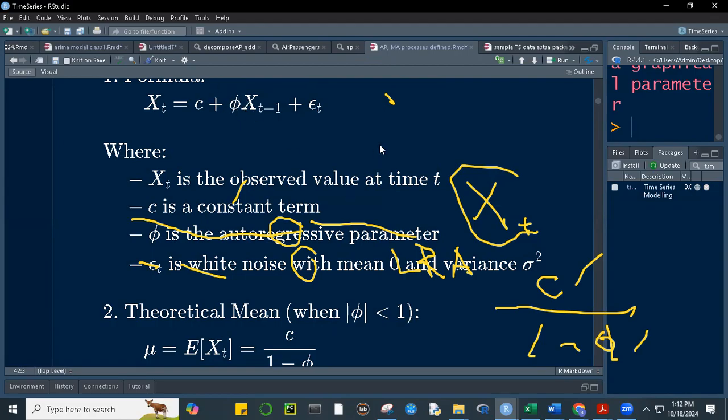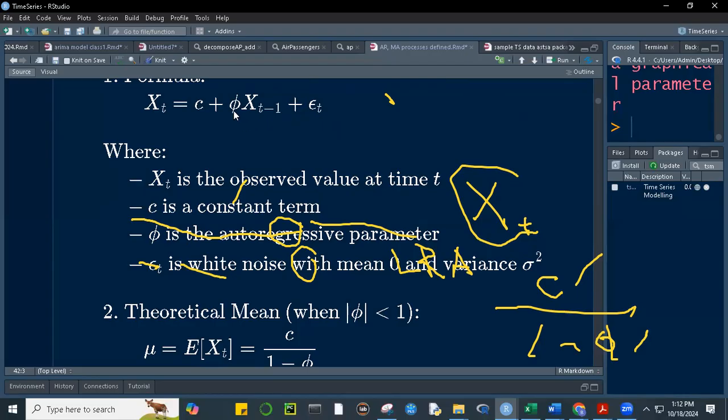In order for this to be an AR process, an AR1 process, your phi sub 1 should be less than 1 in absolute value. It can be positive or negative, can be negative 0.9, can be negative 0.3, can be negative 0.2. It can be negative 0.8, or positive 0.8, for as long as it's less than 1.